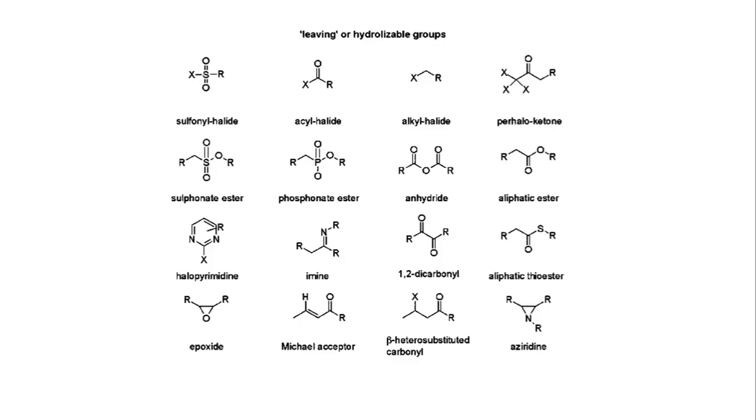Well, say for example, you should always make sure that whatever compound collection you have should not contain these leaving or hydrolyzable groups. These usually contain functional groups like sulfonyl halide, acyl halide, alkyl halide, perhaloketone, sulfonate esters, phosphonate esters, anhydride, aliphatic esters, halopyrimidine, imine, 1,2-dicarbonyl, aliphatic thioesters, epoxide, Michael acceptors, aziridine, and so on and so forth.